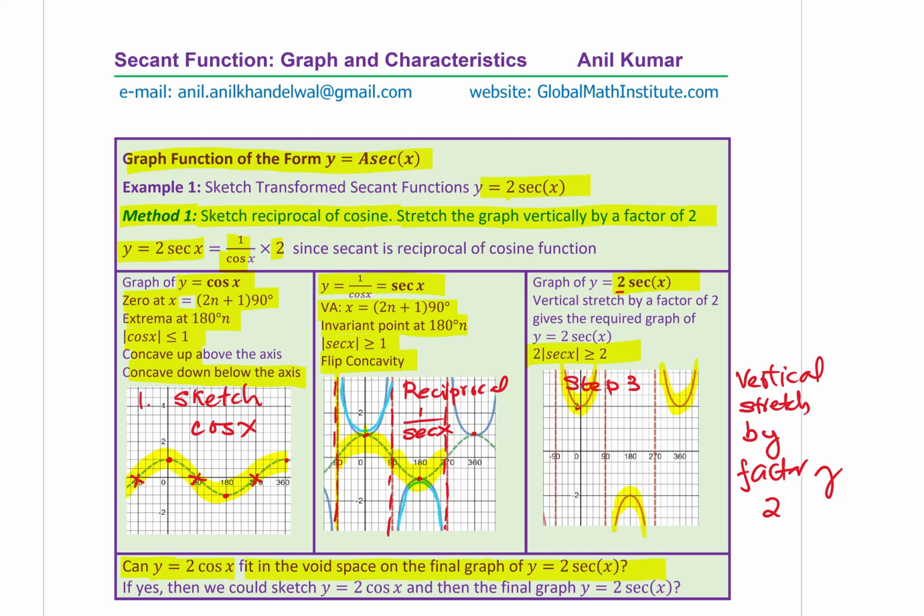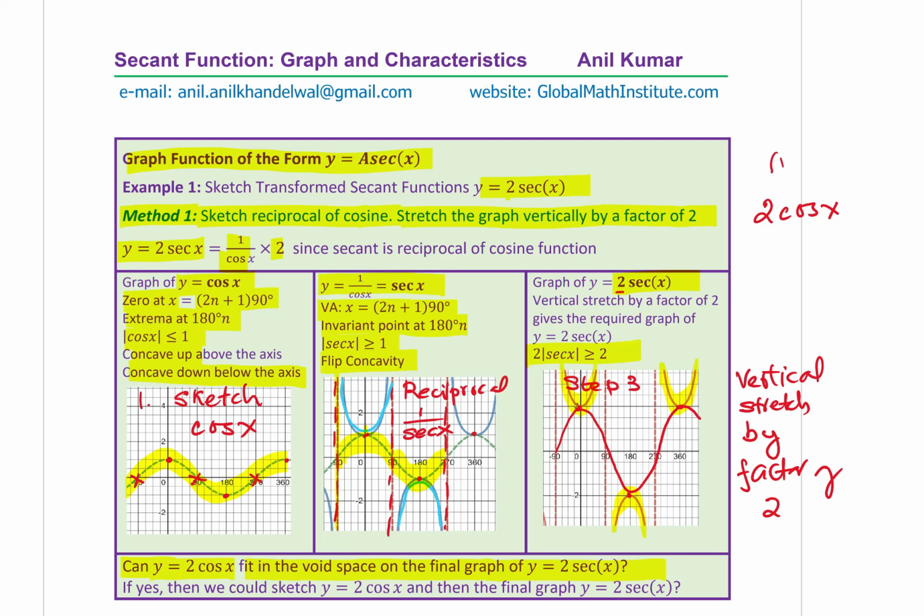So can we draw a cosine function here? I think we can. We can actually just join these points, right? And if you join these points, you do get a cosine function. So that really means that instead of sketching cos x, we could have started with 2 times cos x. You get the idea.